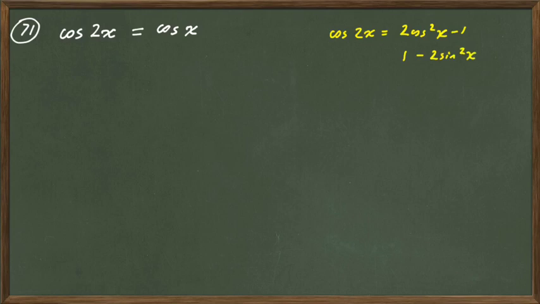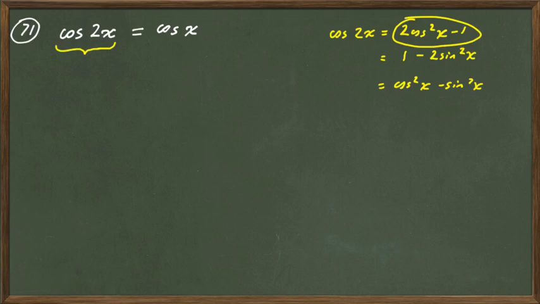One of these, I might have them reversed, but let's check them. It also could be cosine squared minus sine squared. Yeah, so I think I'm going to use this very top one, 2 cosine squared minus 1 for this. So this is 2 cosine squared minus 1.